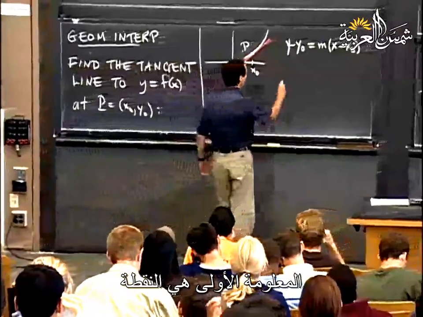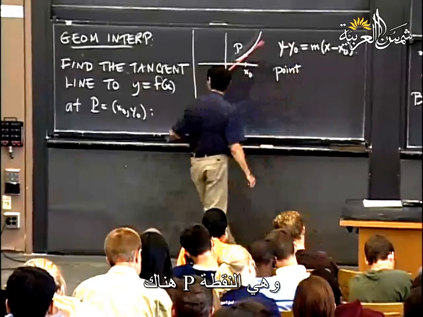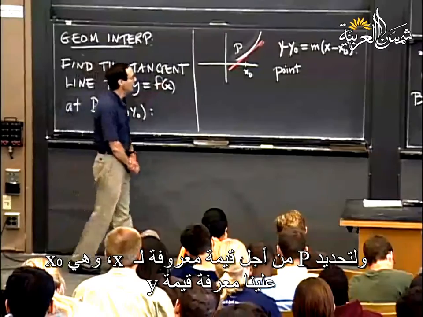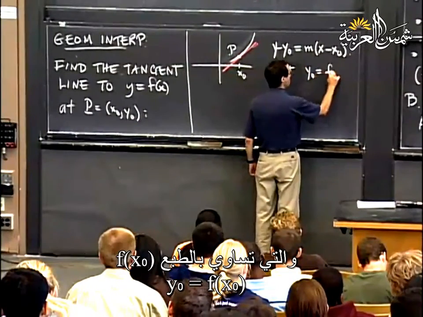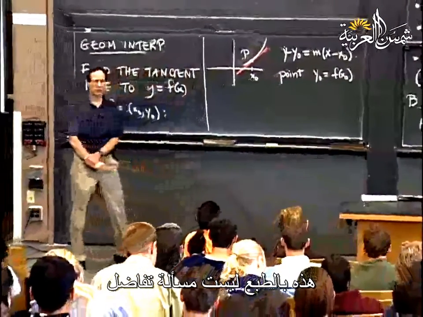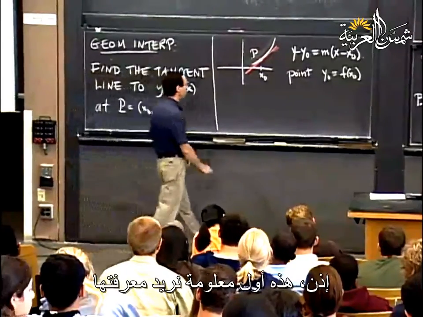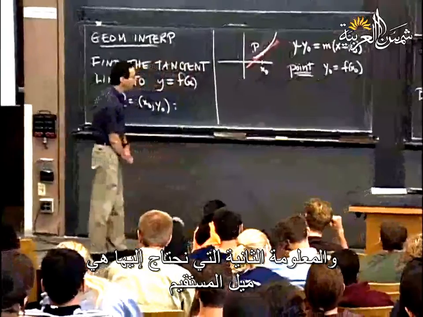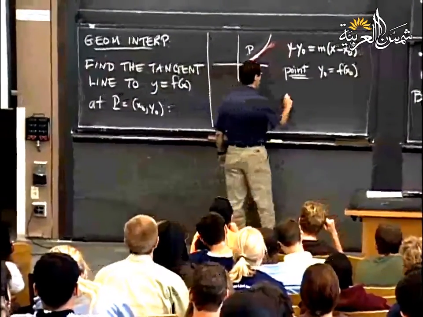The first one is the point. That's that point P there. And to specify P, given x0, we need to know the level of y0, which is, of course, just f of x0. Now, that's not a calculus problem, but anyway, that's a very important part of the process. So that's the first thing we need to know. And the second thing we need to know is the slope.